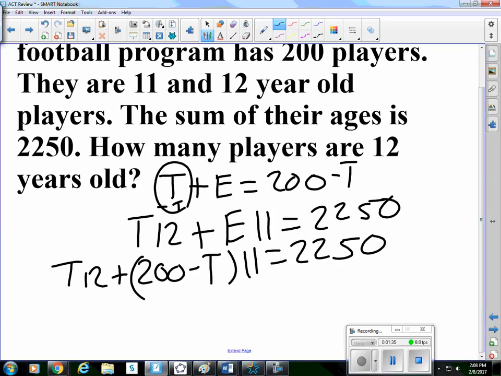And we go ahead and multiply 11t, and 11 times 200 would be 2,200. So 12t minus 11t, let me rewrite that, t times 12 as 12t.